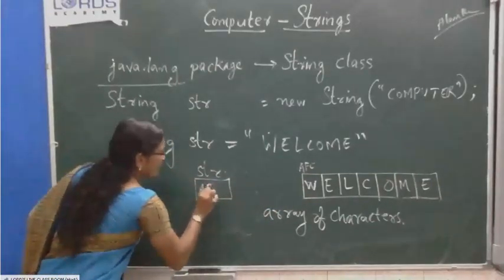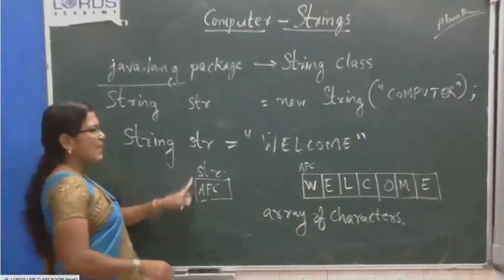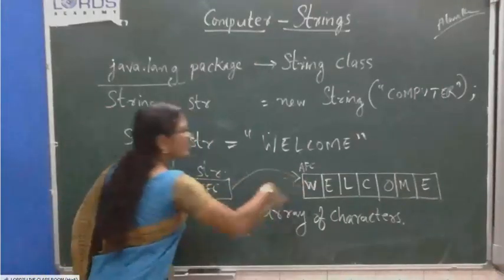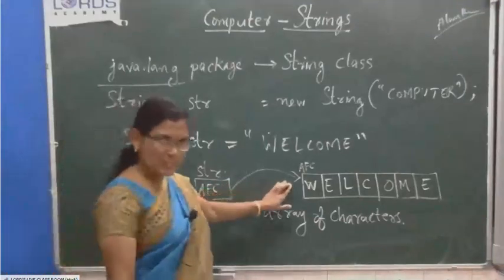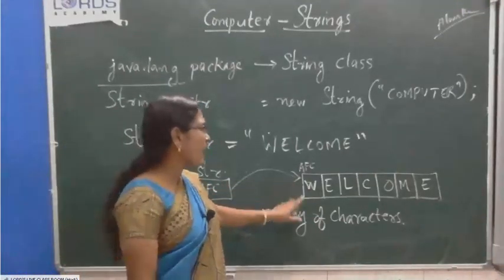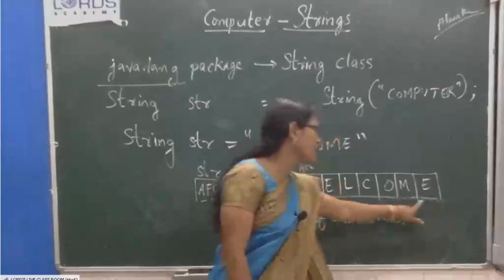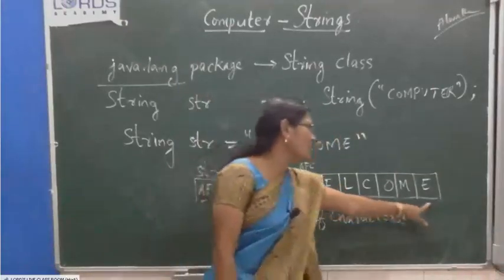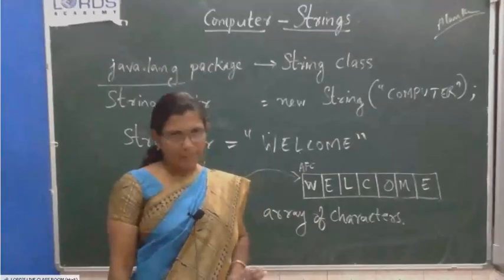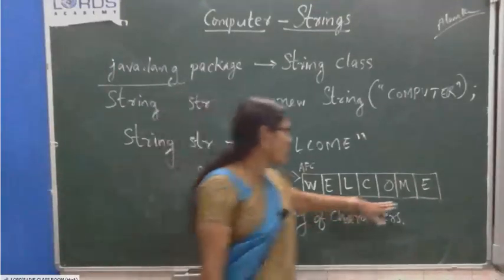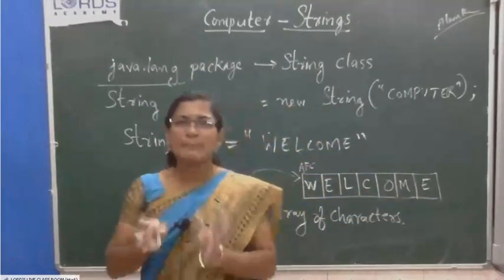So str points to the starting storage location of a string in the memory. And each separate storage location is identified by a unique number. For identifying each storage location, a unique number is given.